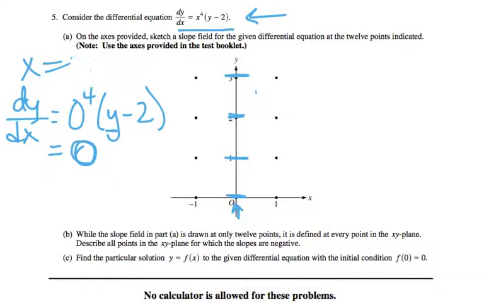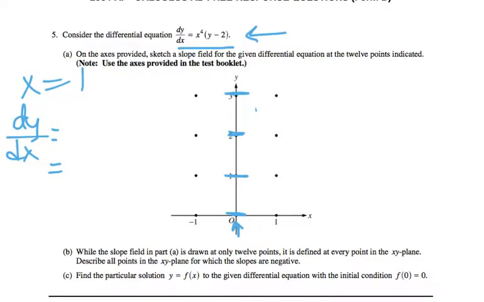Now let's take a look at x equals 1. If we plug in 1, we'd have 1 to the fourth, and then (y minus 2). Here we're going to have to plug in individual y values. So let's start with this point with the coordinates 1, 0.